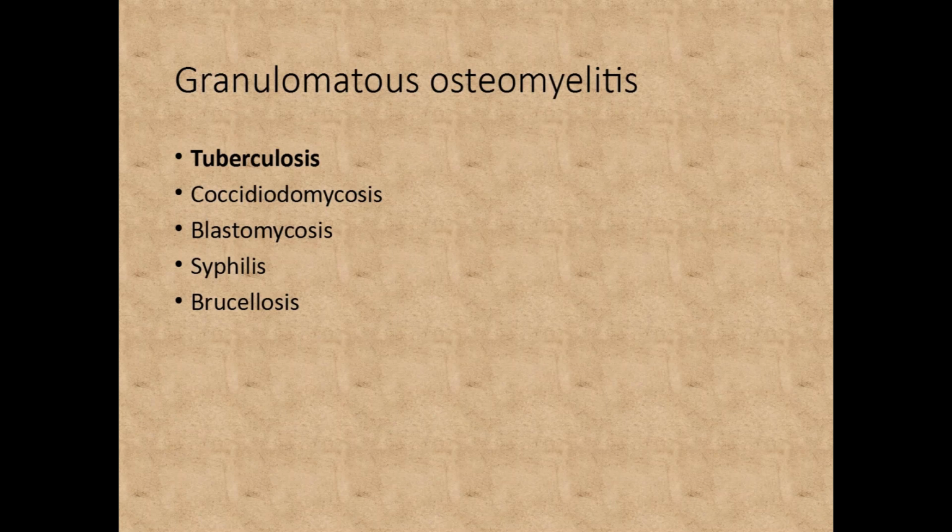However, in the context of granulomatous osteomyelitis, it is mostly some of the infective organisms, namely tuberculosis, coccidioidomycosis, blastomycosis, syphilis, and brucellosis. The most important organism to cause granulomatous osteomyelitis is tuberculosis, the organism being Mycobacterium tuberculosis.